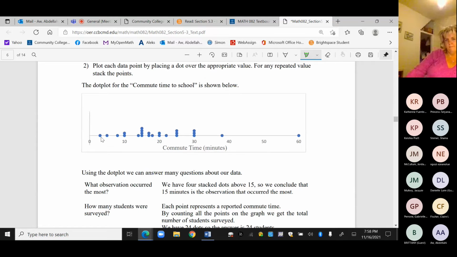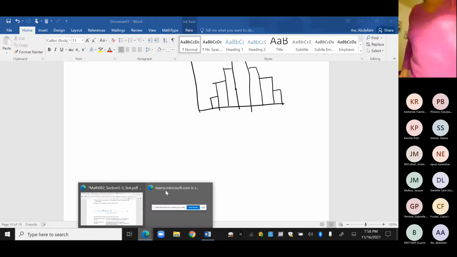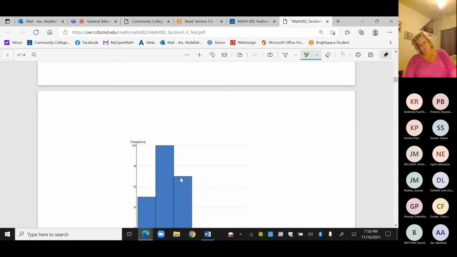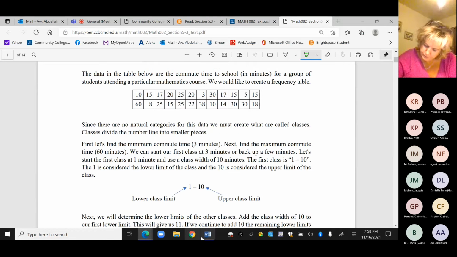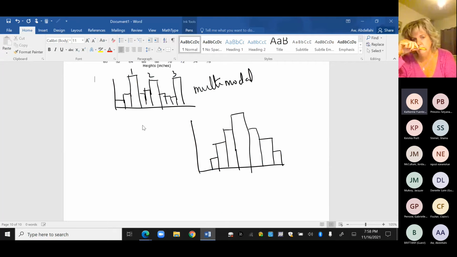You see 3? 3 is right here, 1 time, right? Okay, so let me put the data side by side so we can compare. That is another representation. We call that the dot plots.